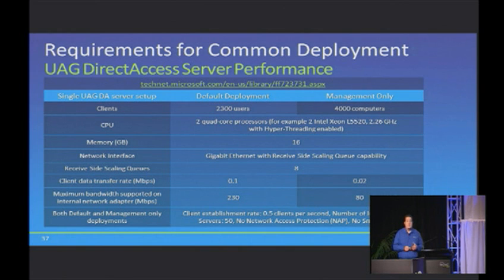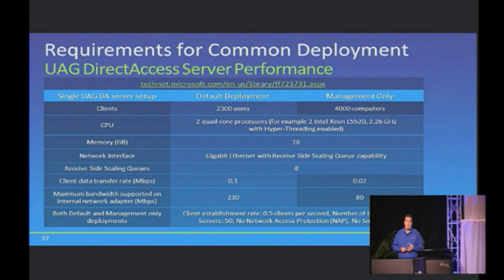There are a few technical details on TechNet about deployment and performance, so you can check those up. These values and different deployments are based on one UAG server with 60 gigabytes of memory. There are 2 NICs on that UAG server, so if you're using management only mode, then you are able to handle around 4,000 computers with one UAG box.